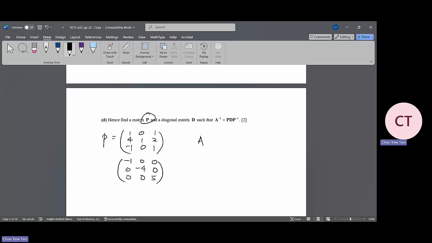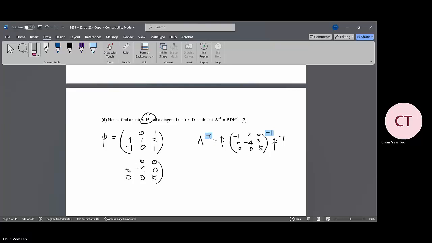But the A inverse is equal to the P of the diagonal matrix that you have here, power negative 1. The power here and the power here must be the same.